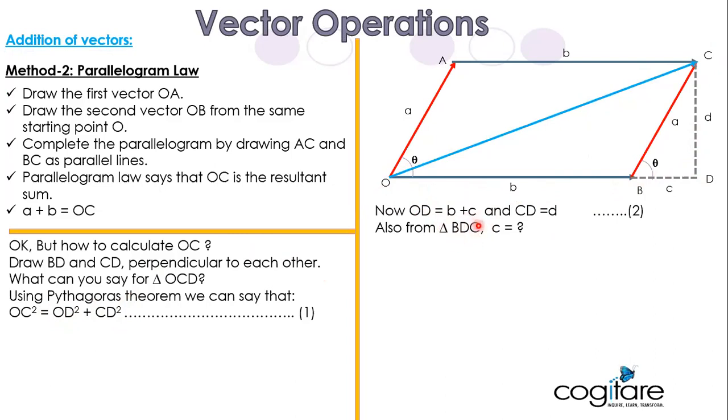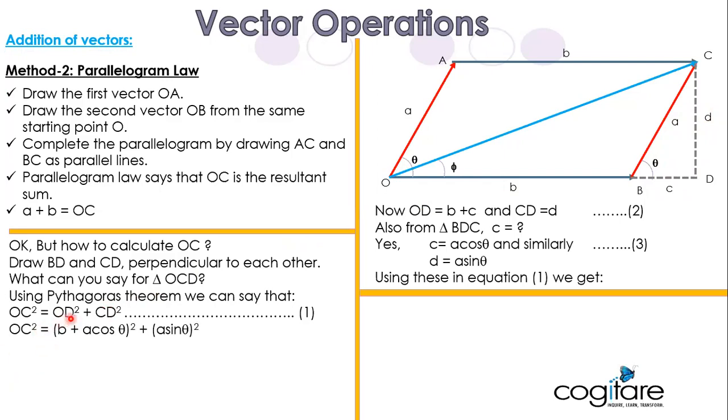So from this triangle BDC, what we see is that this also is a right angle triangle, and we can represent this side C in terms of A, because A is known for us, theta is known for us, and C is something which we took for convenience. We have to express C in terms of A and theta. So C will be A cos theta, and in a similar fashion, D is going to be A sin theta. Having expressed C and D in terms of the knowns, we can populate them here.